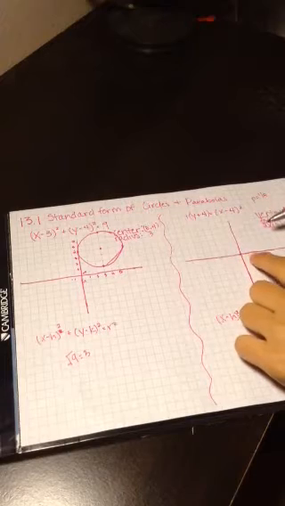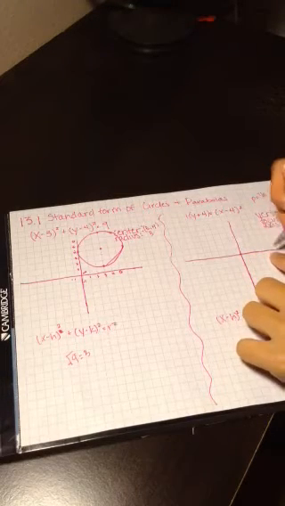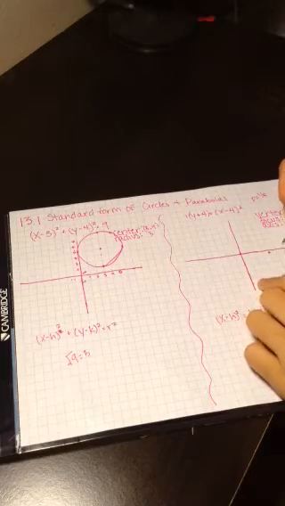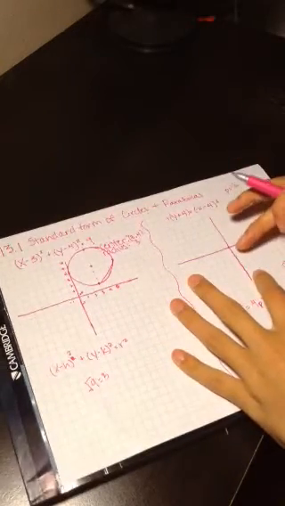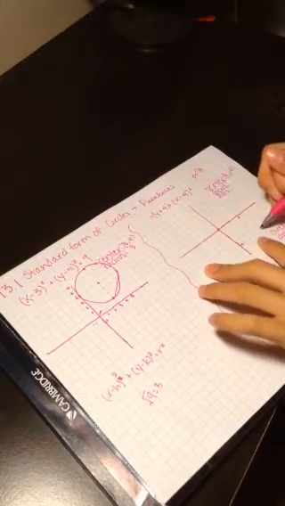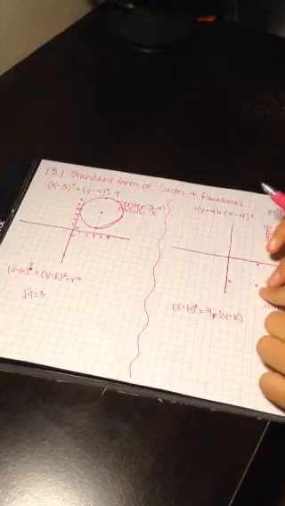So, 1, 2, 3, 4. 1, 2, 3, 4. So that's a negative 4 right there. That's where your graph starts.